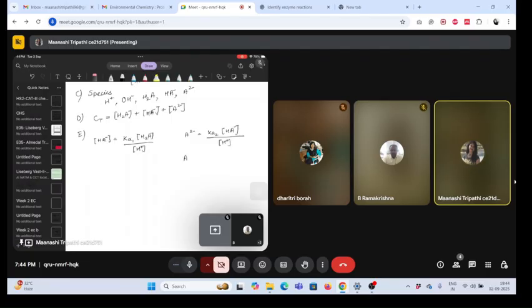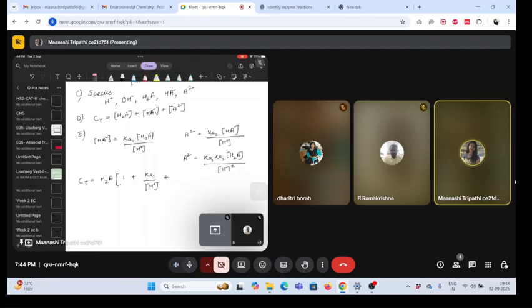Therefore, A2 negative will be Ka1 Ka2 H2A by H plus square. Putting all this in the Ct equation, what will we get? Let's put H2A in common. We will get 1 plus Ka1.